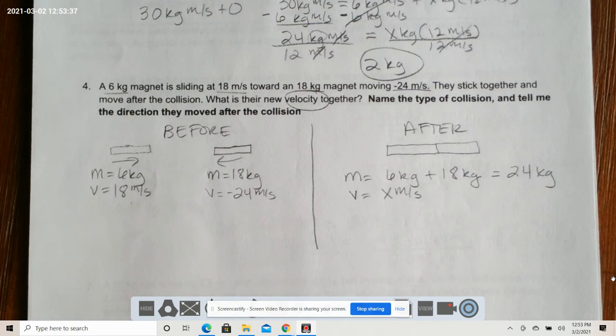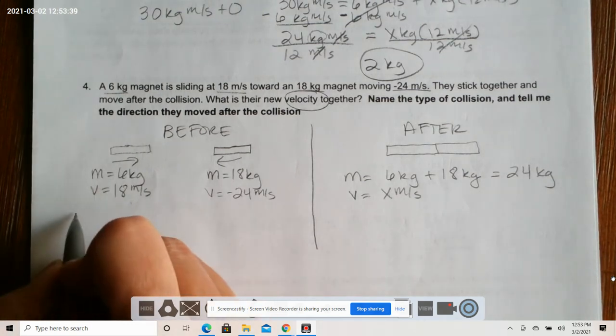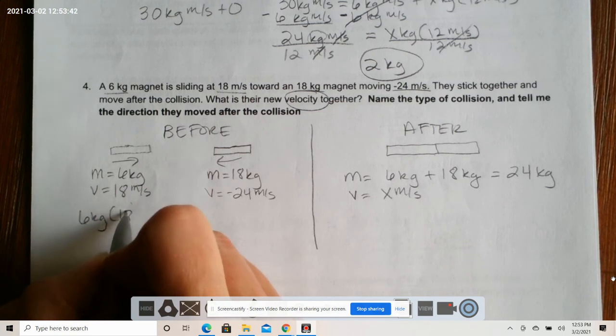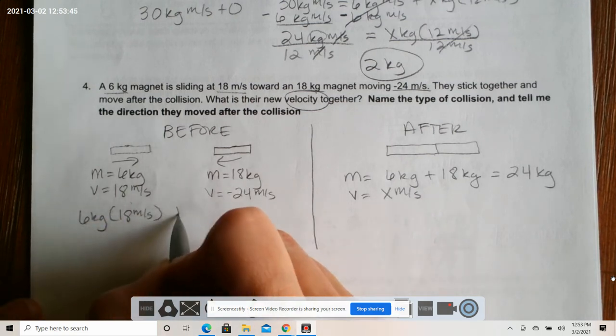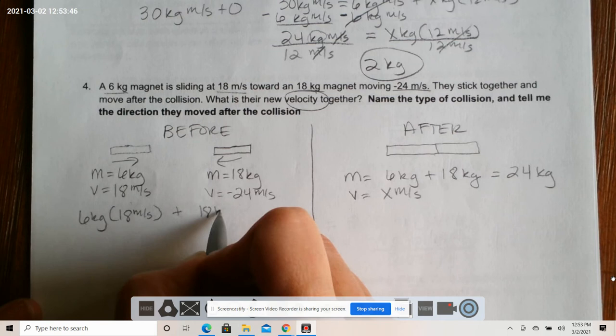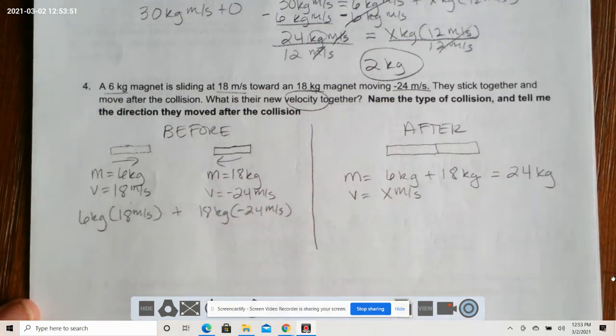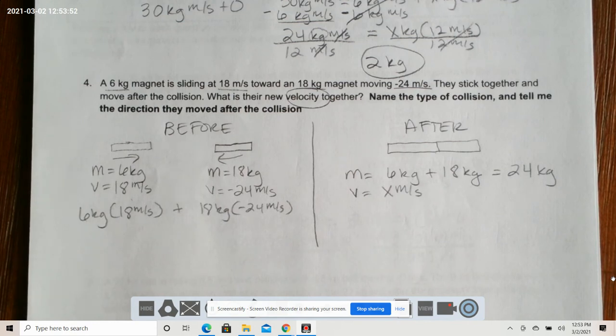So let's solve. Mass times velocity plus mass times velocity. So 6 kilograms times 18 meters per second plus 18 kilograms times negative 24 meters per second. So now I have to do 6 times 18.